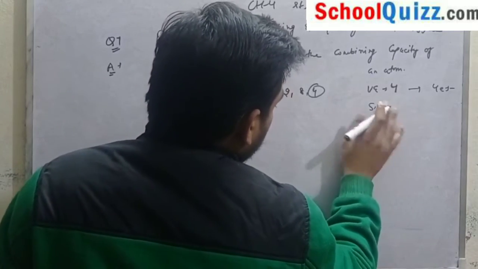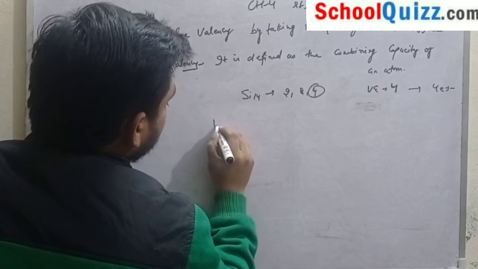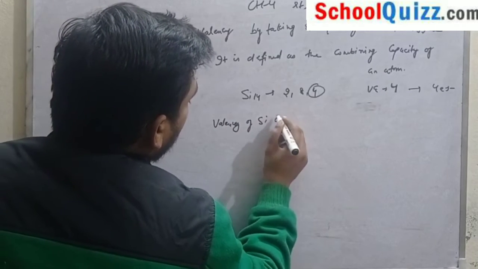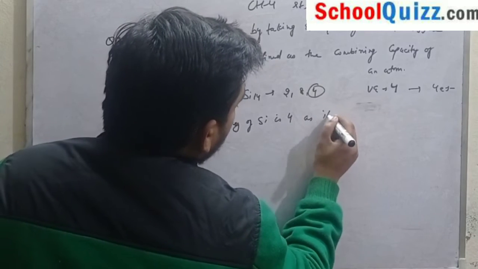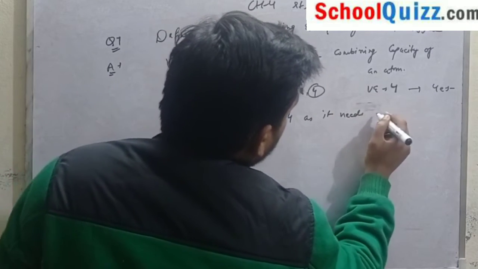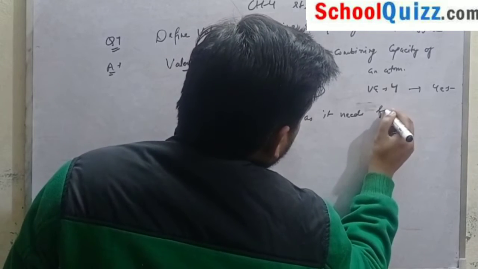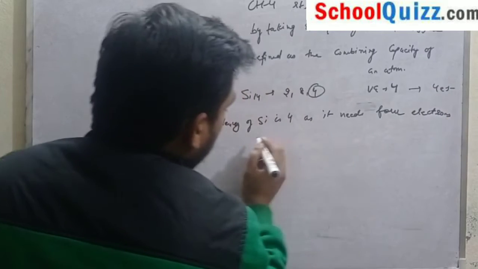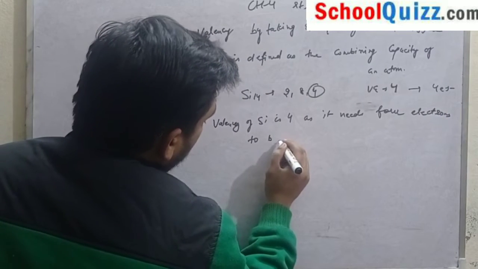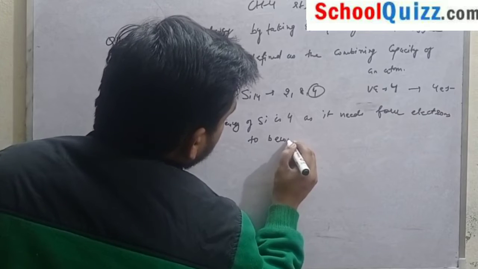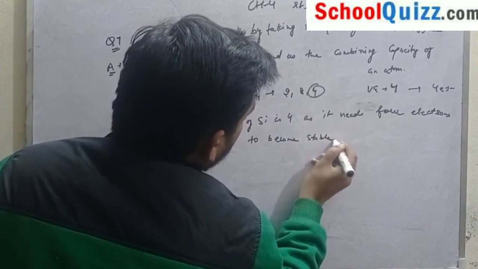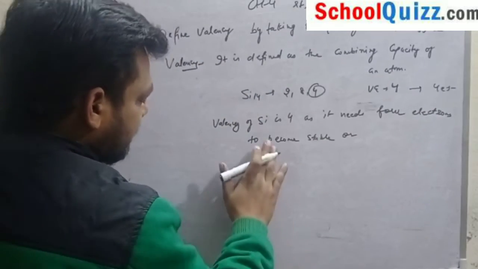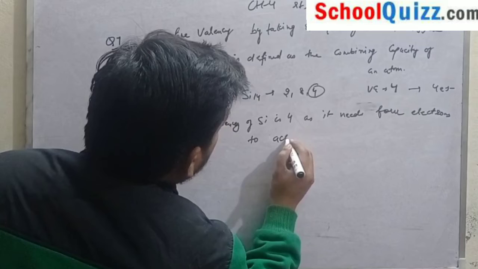So the valency of silicon is 4, as it needs 4 electrons to become stable.